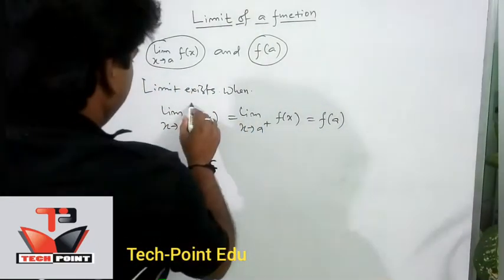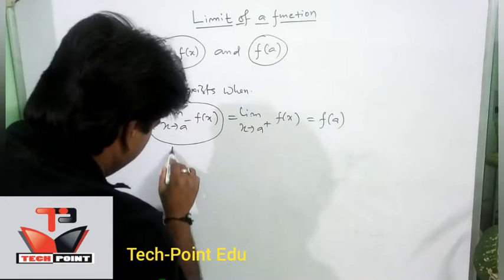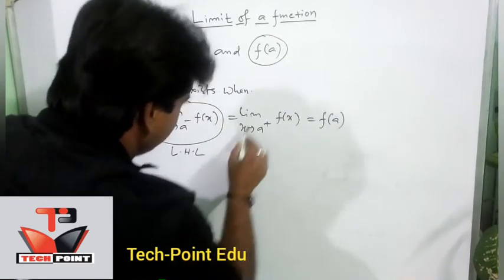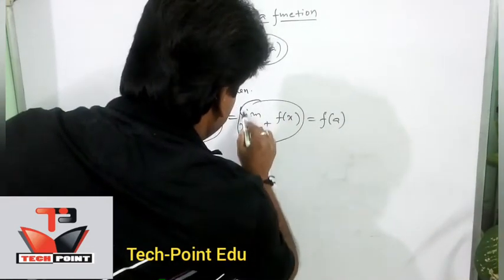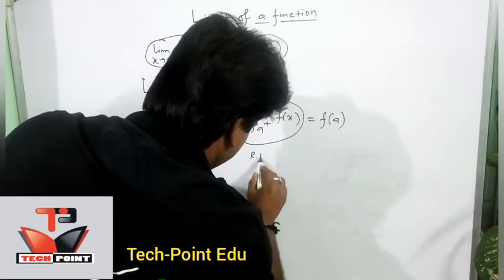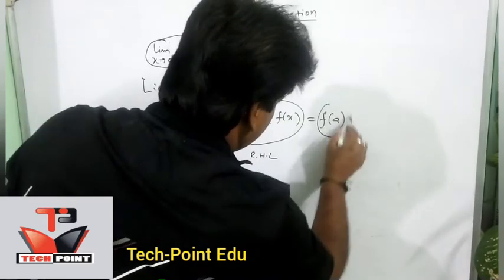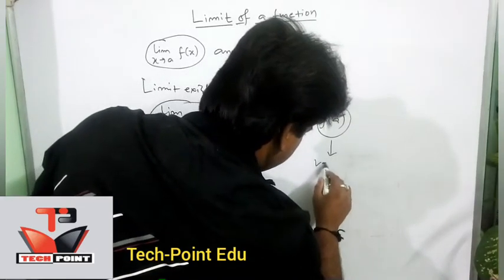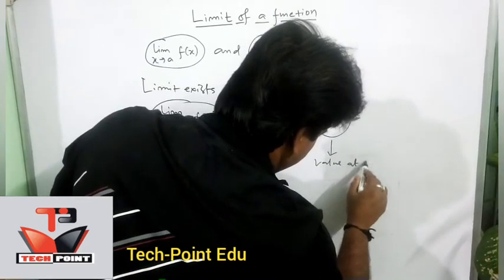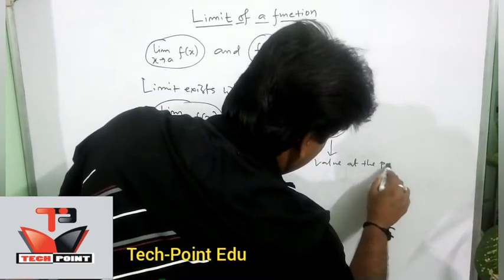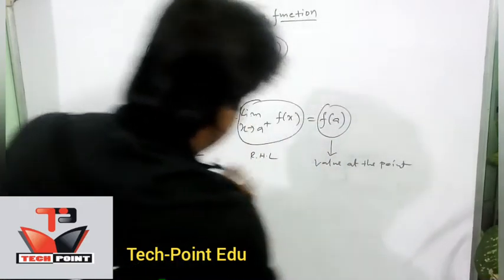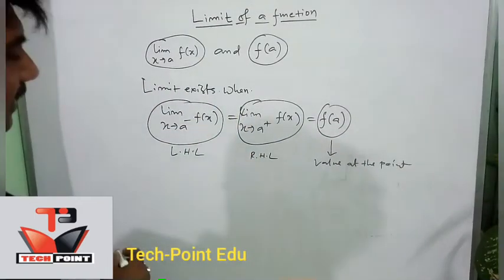What value are you getting in your left hand limit? This one is your left hand limit, this one is your right hand limit, and this one is your value at the point. When all three are equal, then limit exists.